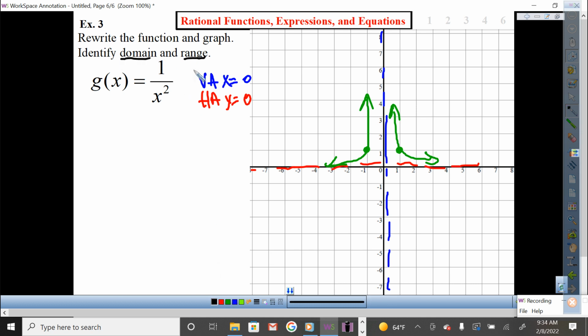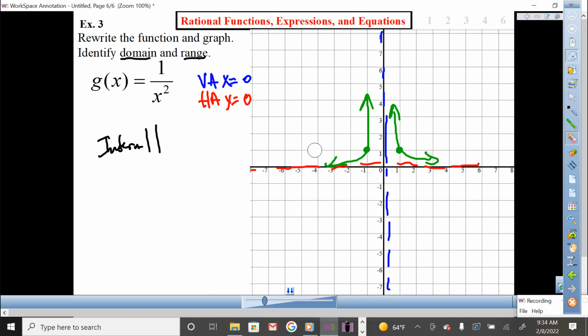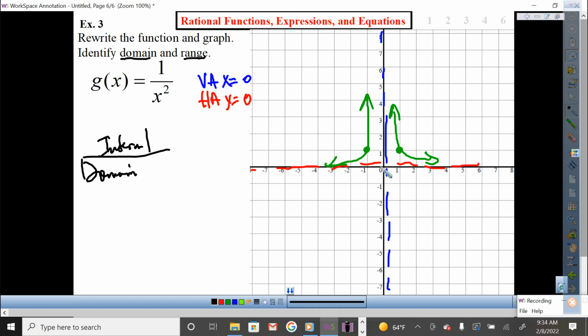Domain and range. I wanted an interval. All right, let's find that together. Interval notation. So here we go. Domain. Here we go. So look at the x values. This arrow indicates that it keeps going which way? To the left.